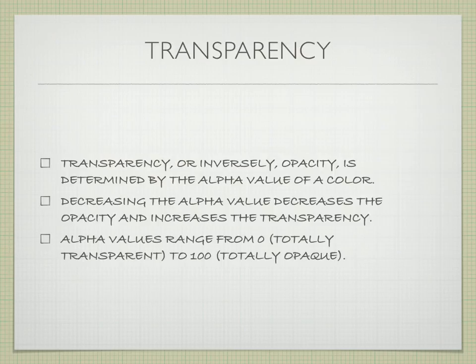Let's talk a little bit about color for a second and transparency, one of the aspects of it. Transparency or opacity is determined by the alpha value of the color. Alpha is opacity, so if you decrease the alpha value, you'll make it more transparent. You make it less opaque. And alpha values range from 0, totally transparent, to 100, totally opaque.